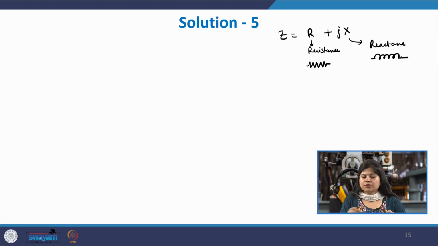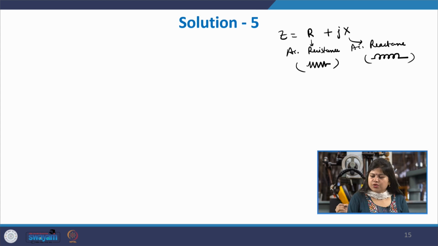This is the symbolic representation of acoustic resistance and acoustic reactance. When represented using electrical circuits, we represent it simply as a resistor here, and the complex part is represented as the inductor.